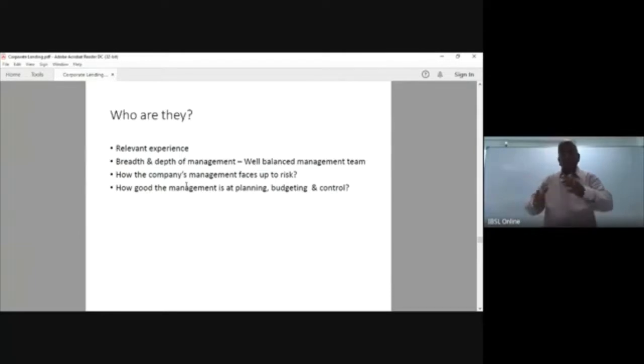So how is the management team prepared to face that risk? For that, all the members of the management team should be very efficient and effective. How the company's management faces up to risk.